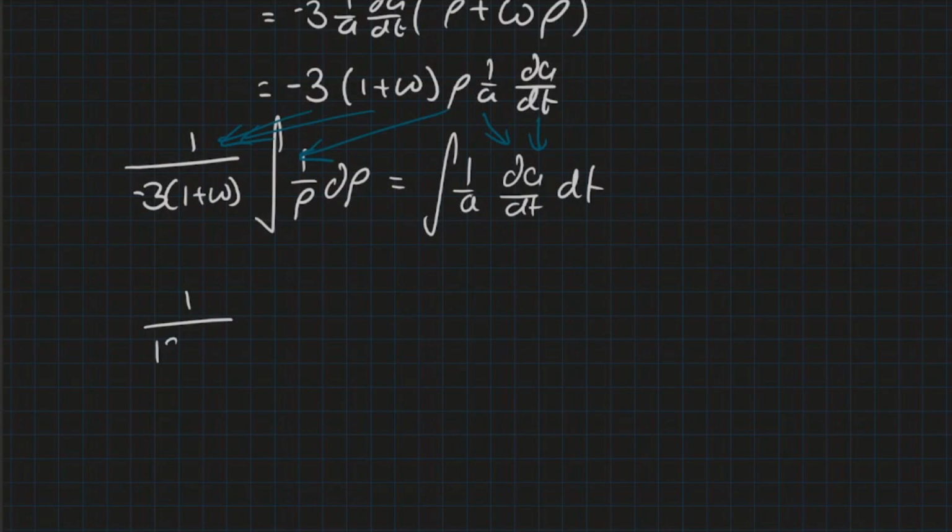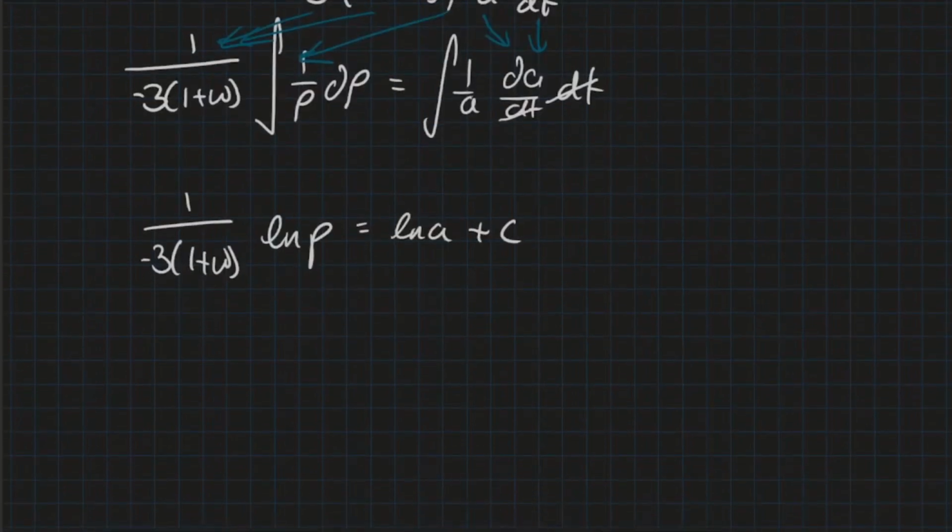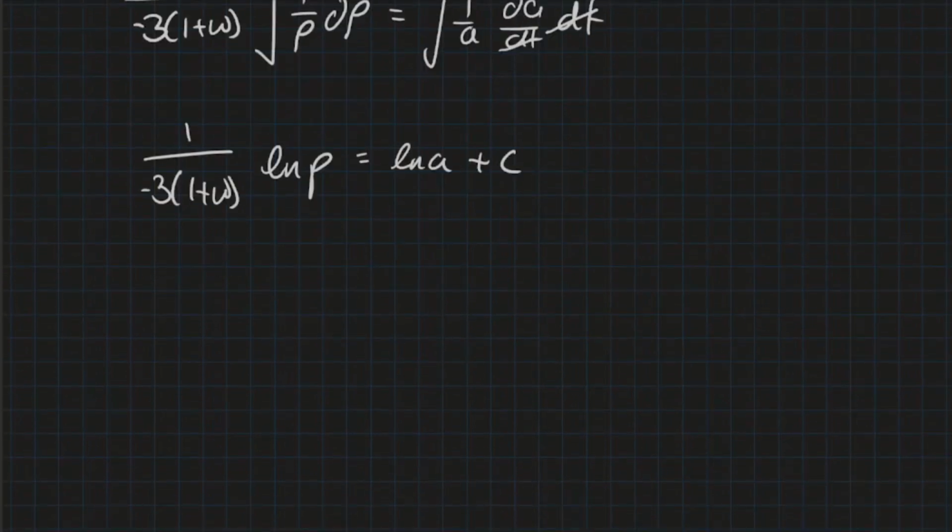1 over minus 3 (1 plus w) ln rho is equal to, and on this side we will do some more mathematical crimes and cancel out the dt's, so we have 1 over A dA, which is ln A, plus some integrating constant c. Using the rules of logs, we can move this guy into the power of rho, and we will also bring both logs over to one side.